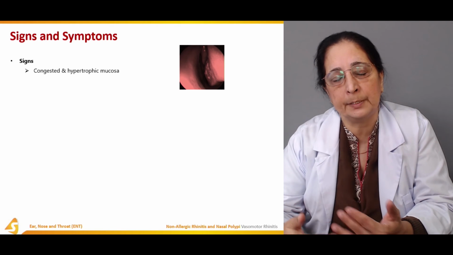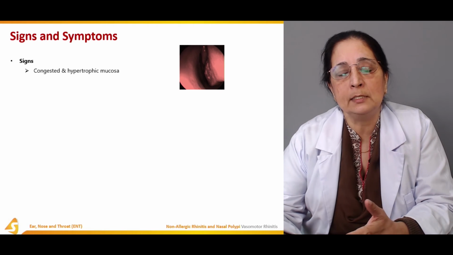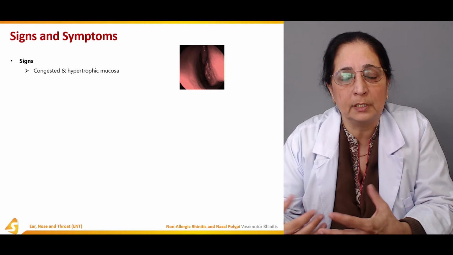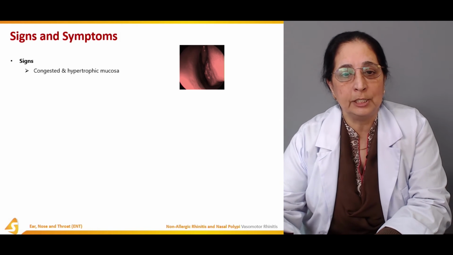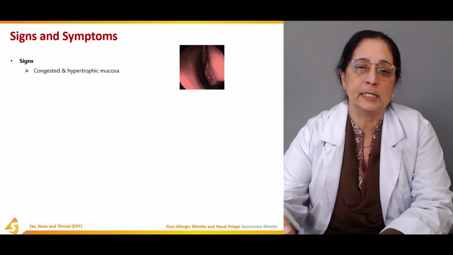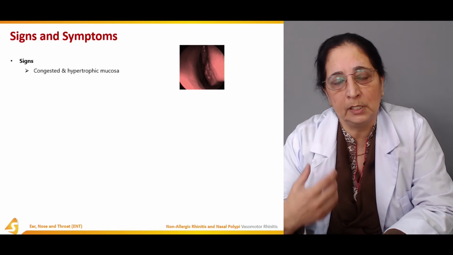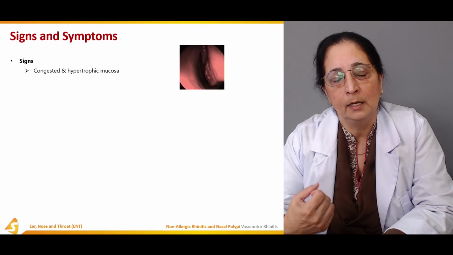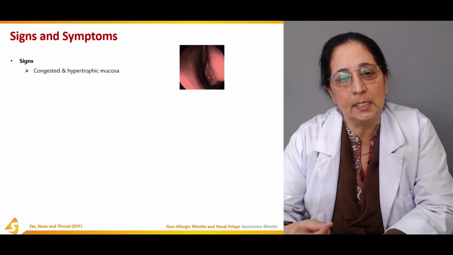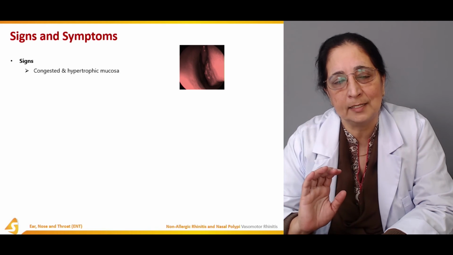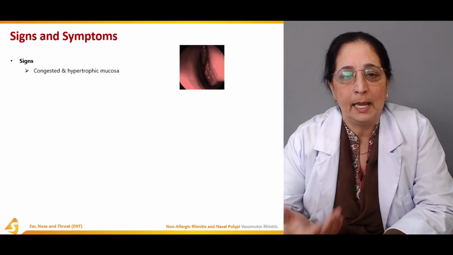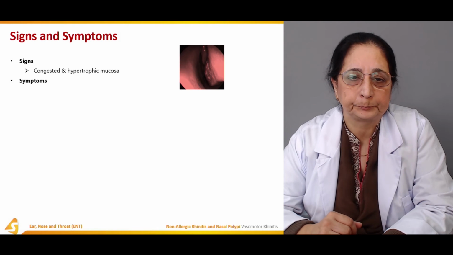And signs are what the doctor sees when examining the patient. So when they examine, there is congestion and hypertrophic mucosa. The lining of the nasal cavity is congested, there is redness, swelling, and hypertrophy.